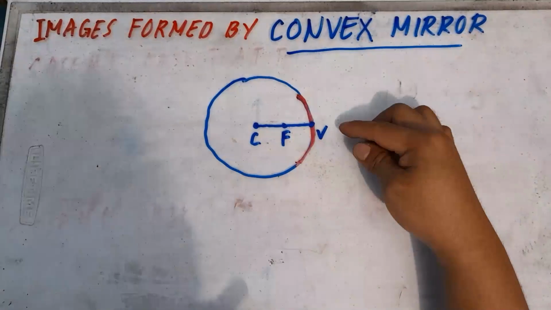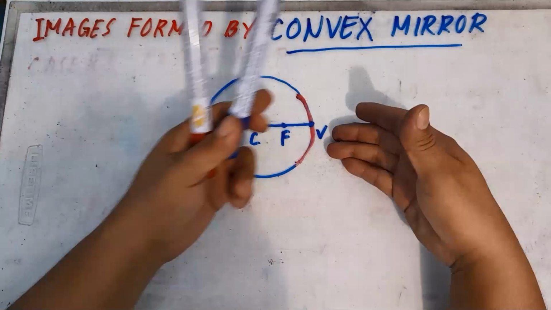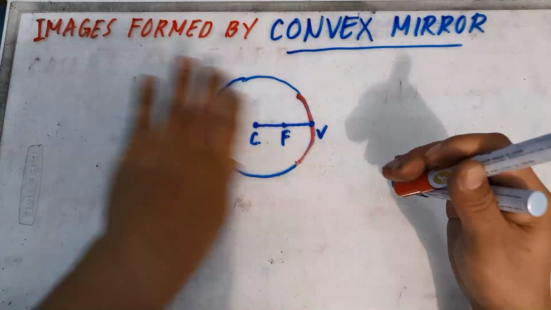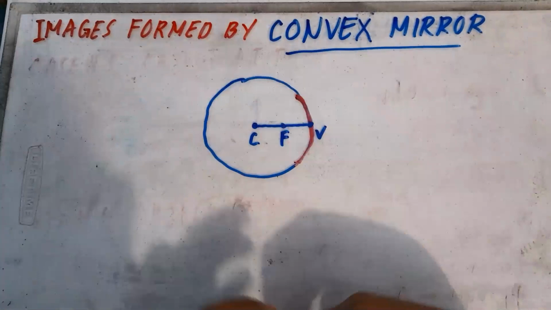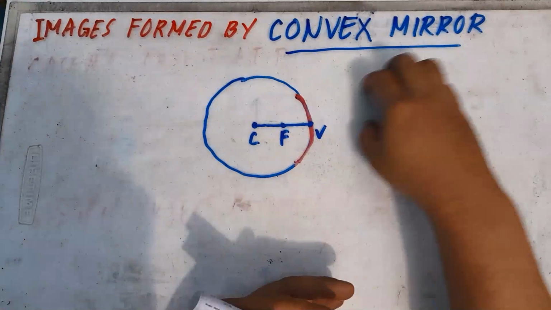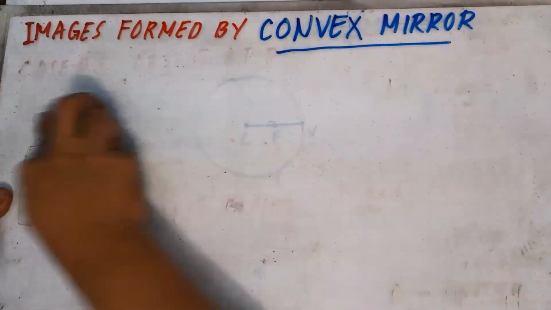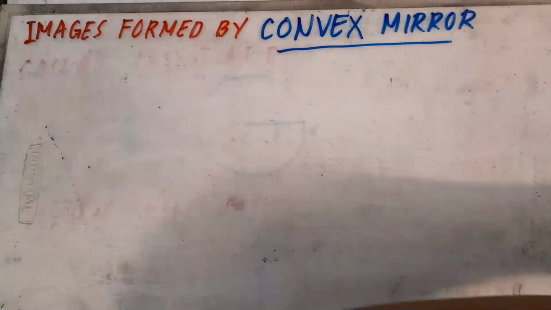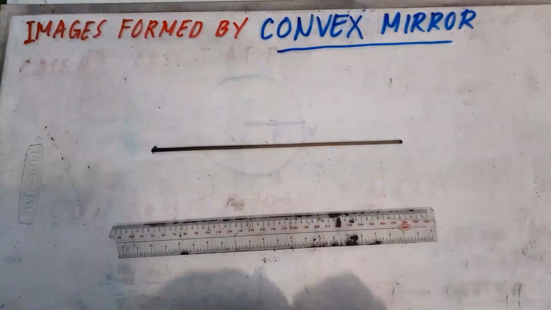Now, since we will be dealing with convex mirror already, this side will be our reflecting side. So if this is our reflecting side, this becomes the front of our mirror, and this side becomes the back of our mirror. Definitely, if this is the back of our mirror, this is our virtual side, and this is our real side. If we are going to draw that again, we have here our principal axis.